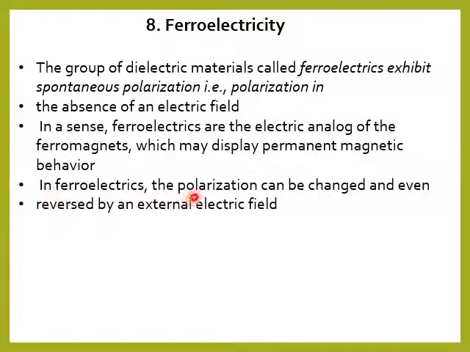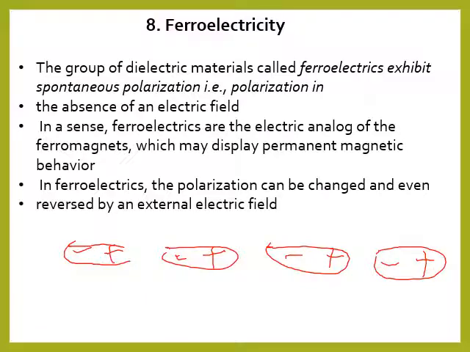In ferroelectric, the polarization can be changed and even reversed by an external field. When we apply an external electric field, the polarization can be changed and even reversed. In ferroelectric material, this type of spontaneous polarization, the permanent dipoles are present, which are spontaneously aligned.